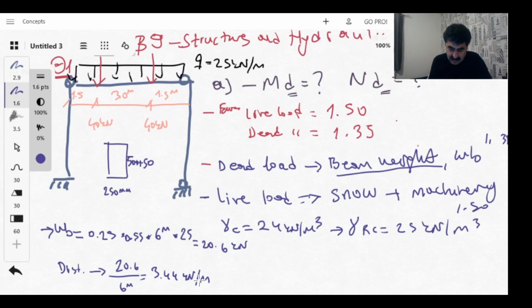So every meter of the beam weighs 3.44 kilonewton, and the beam itself in total is 20.6 kilonewton, about 2 tons.